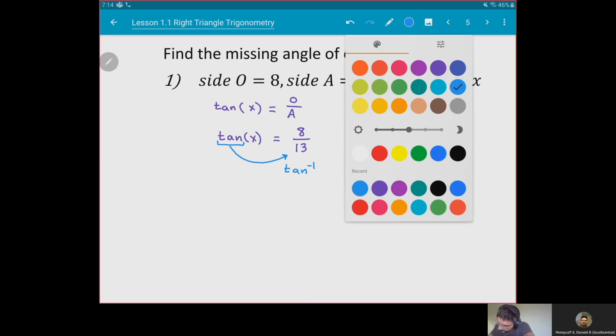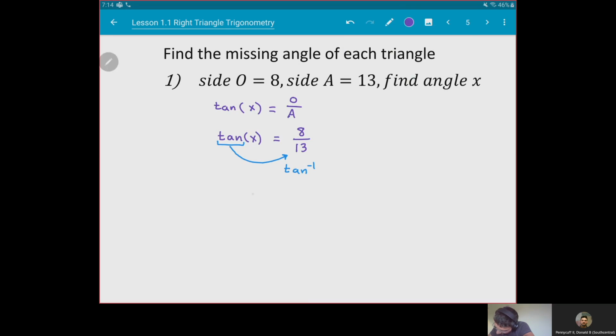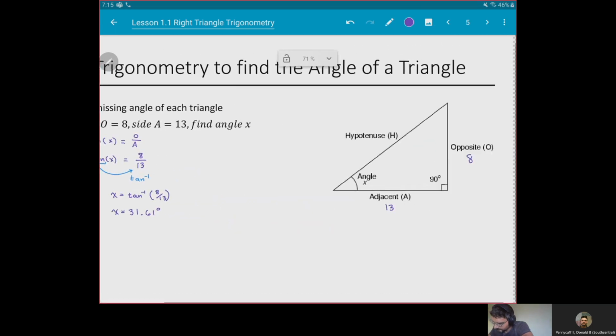So this will turn into angle x is equal to tan inverse, also known as arctan, of 8 over 13. Making sure my calculator is in degrees, I hit tan inverse, 8 divided by 13, and my angle is 31.61 degrees.